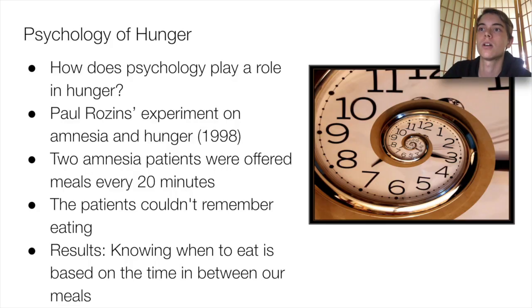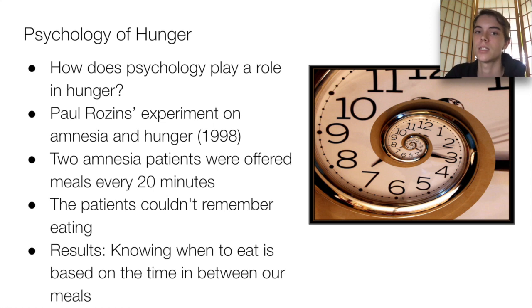Now we'll move on to the psychology of hunger, so psychological effects that contribute to us getting hunger. So Paul Rozin did an experiment on amnesia and hunger in 1988, and he had 2 amnesia patients, and he offered them a meal every 20 minutes.